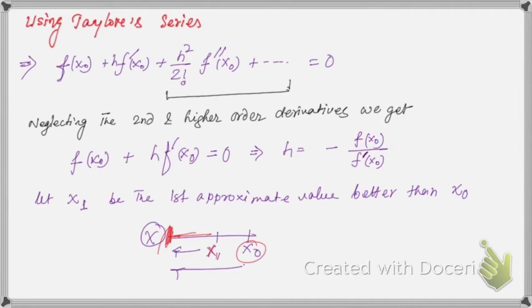Then in that case we will get x1 is equal to x naught plus h. It is approximately equal to this one, not exactly equal.